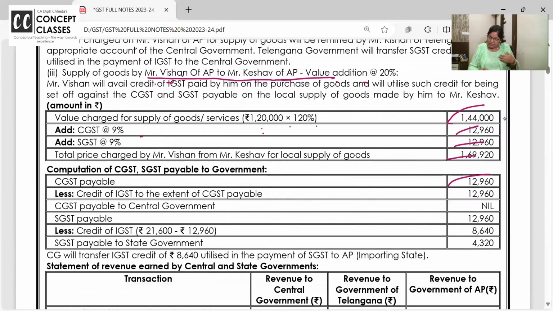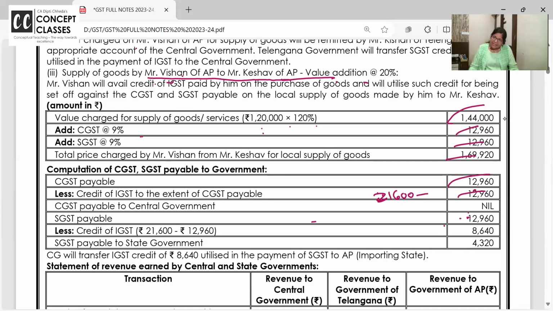How much IGST he has paid? 21,600. So against 12,960, can he set off 21,600? In CGST, you set off CGST. If not, IGST. So IGST we will set off. So what is CGST payable to government? Nil. Now coming to SGST. SGST he has to pay 12,960.